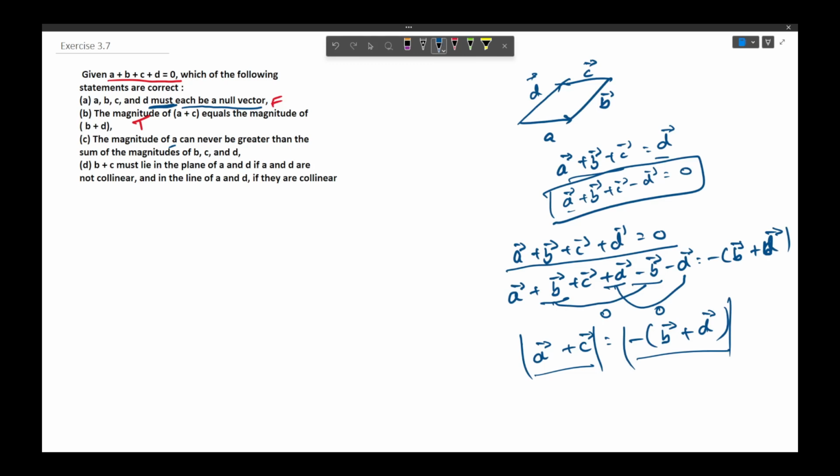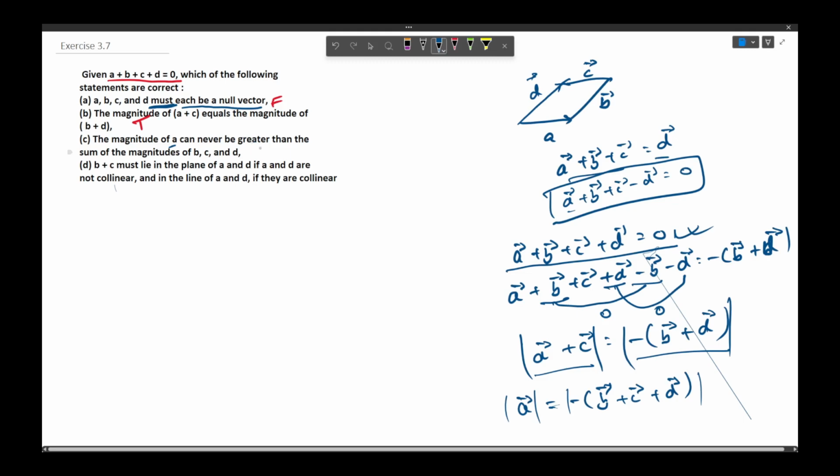Then we will have vector A equal to minus of vector B plus vector C plus vector D. So we see here that the magnitude of A is equal to the magnitude of B plus C plus D. So we can say that the magnitude of A can never be greater than the sum of magnitudes of B, C and D. This is true again.